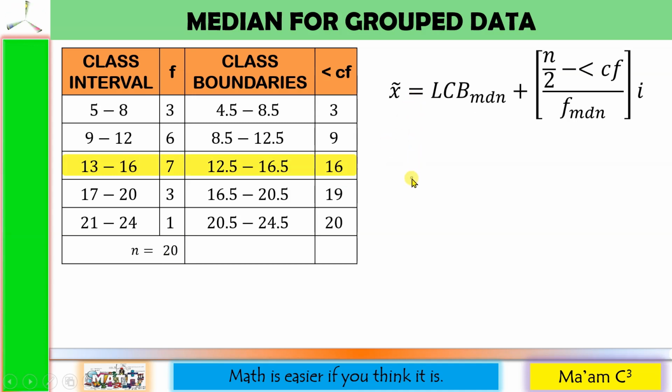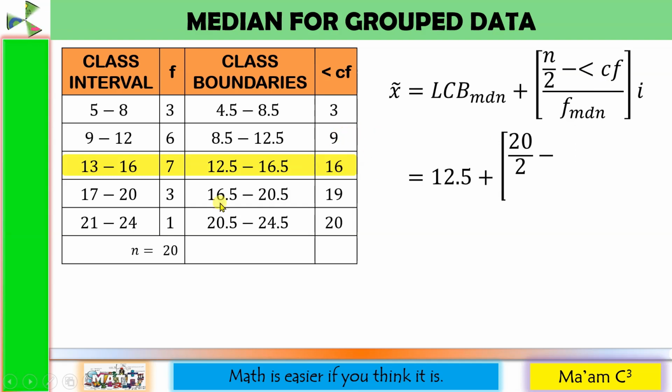So this will be equal to lower class boundary of the median class, and that is 12.5. Then we have plus, open bracket. Our n is 20, so this will be 20 divided by 2. Then we have minus, less than cumulative frequency is the cumulative frequency of the next lower class from the median class.